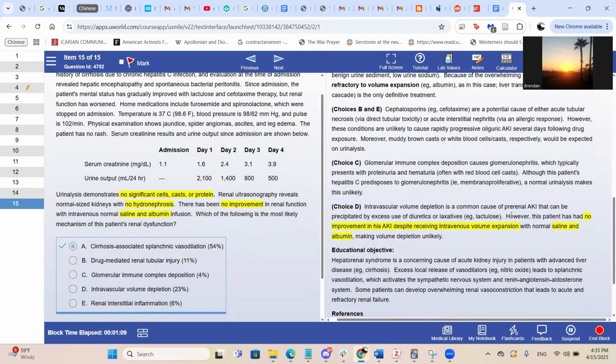Outside of that, to help make the distinction between volume depletion and hepatorenal syndrome in cirrhotic patients, just know that this patient's AKI did not improve when he was given saline and albumin. So that is what tells us that this is hepatorenal syndrome and not merely volume depletion.